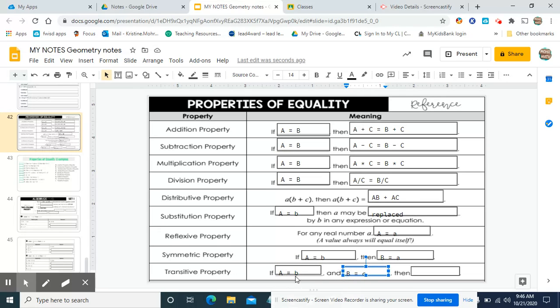When the same piece equals two different pieces, that means those two different pieces are equal to each other as well. Think about it. If A is equal to B, let's say 5 equals 5, so B is 5. Well, if I come here, B is still 5, so it has to be equal to C, which is also going to be 5. So B equals 5, and C equals 5. Since these were both equal to B, which is 5, that means A and C must also be 5.